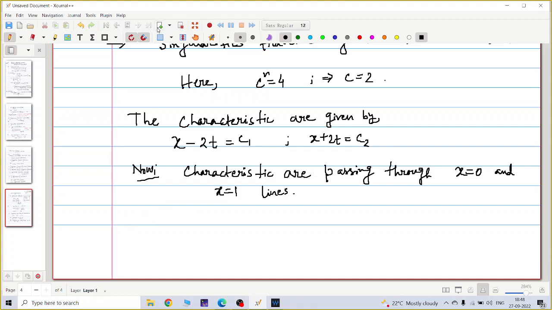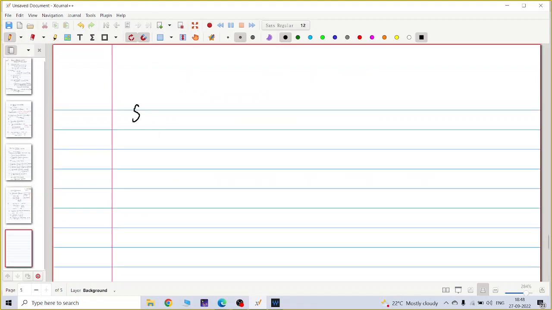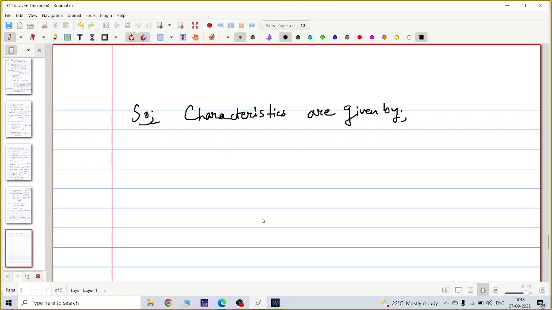So let me write on the next page that the characteristics are given by L1.